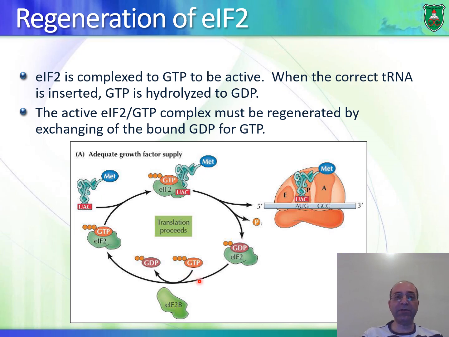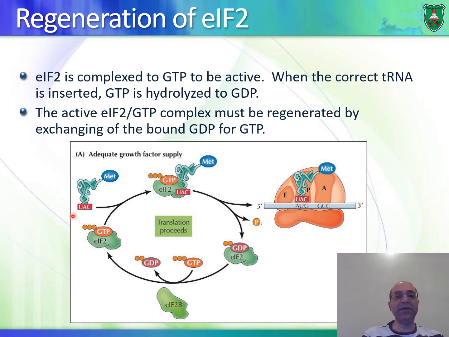So what happens here is not the addition of a phosphate to GDP, rather GDP is released and GTP comes in and binds to initiation factor 2. And this requires another initiation factor, by the way, known as initiation factor 2B. So this one here is different than this one right there.